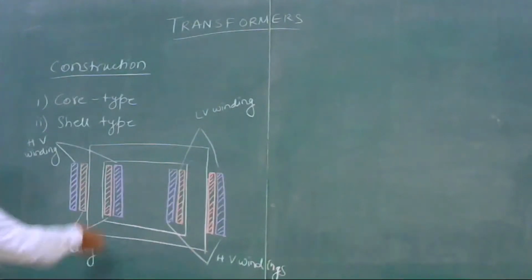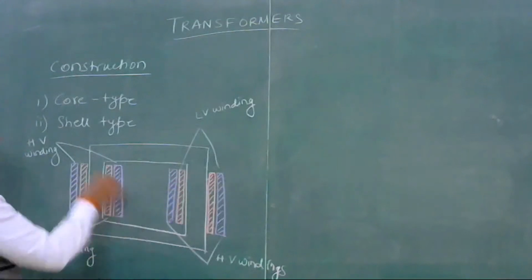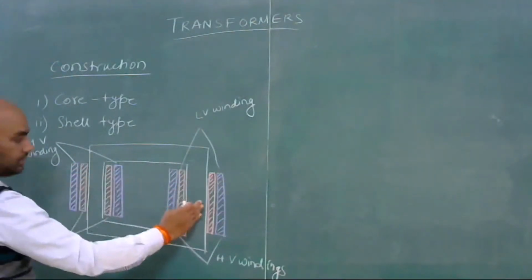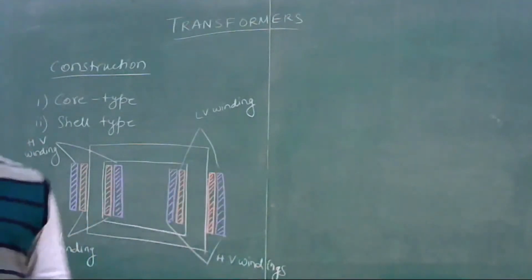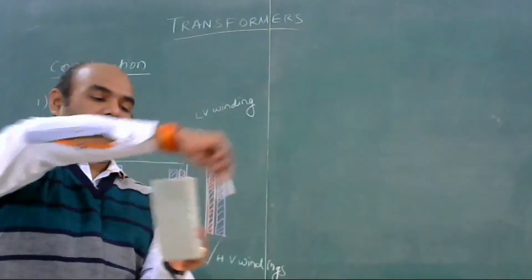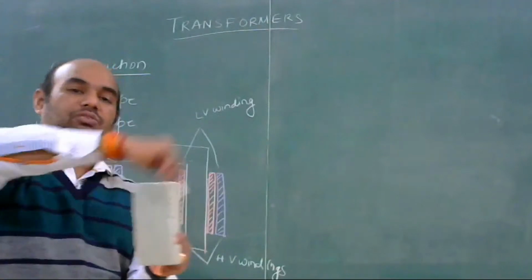So in this way we wound the windings on both the limbs, it is left limb, it is right limb. So if this is core, we wound first LV winding, then above that we wound HV windings.